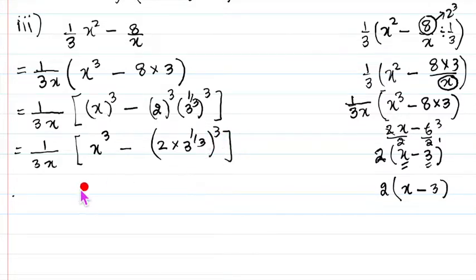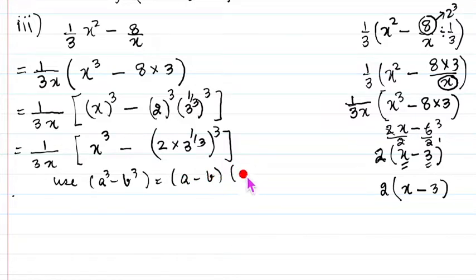Now we are going to use a cube minus b cube is going to be equal to a minus b into a square plus ab plus b squared.